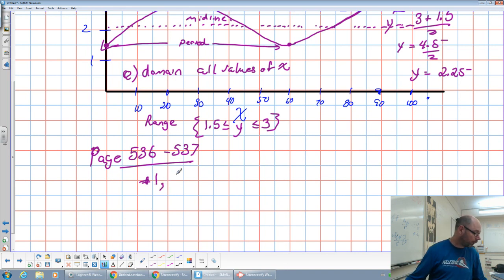There are 4 graphs there. Number 2. Three. Those ones are all dealing with period, amplitude, midline.